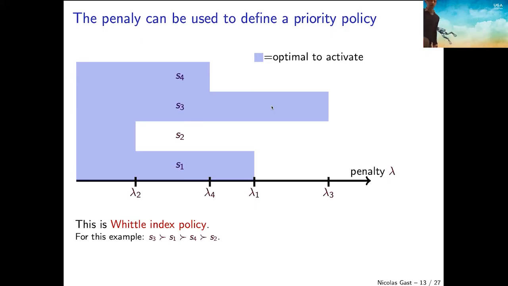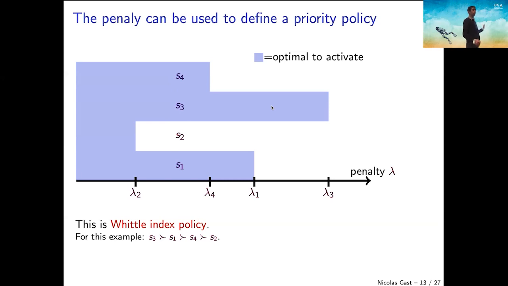The nice thing about the index policy is that it doesn't depend on alpha. What is really important is that it's not just a priority rule: if you have lots of heterogeneous agents, all different, you can still compute indices for all the agents independently and combine them together, and you obtain just more indices.